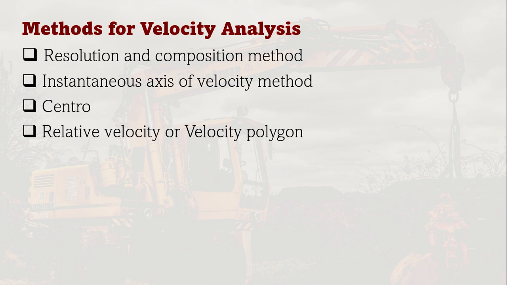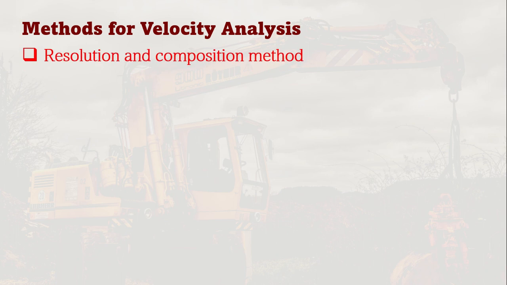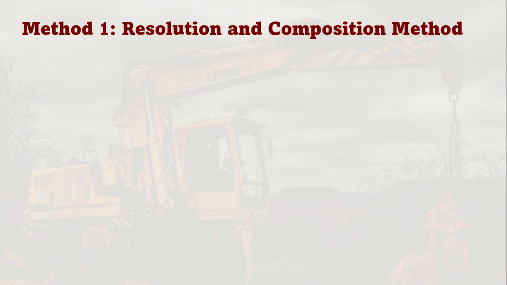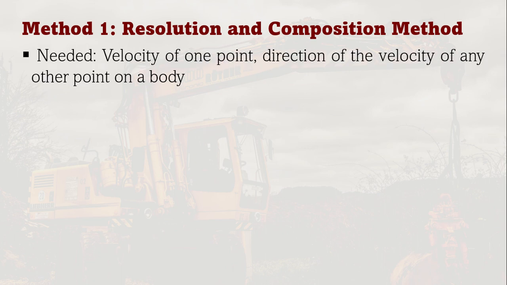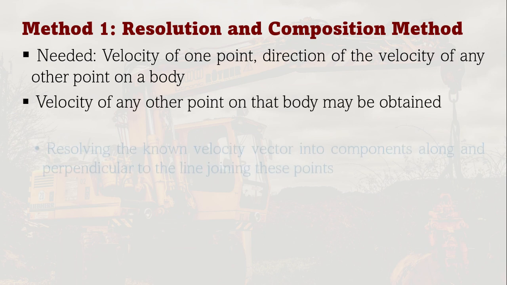So let us try to examine them, beginning with the resolution and composition method. For the resolution and composition method, what's needed here is the velocity of one point in the linkage and also the direction of the velocity of any other point on the body. Once we can get the velocity of one point and the direction of the velocity of any other point, we can also get the absolute velocity of those unknown points.